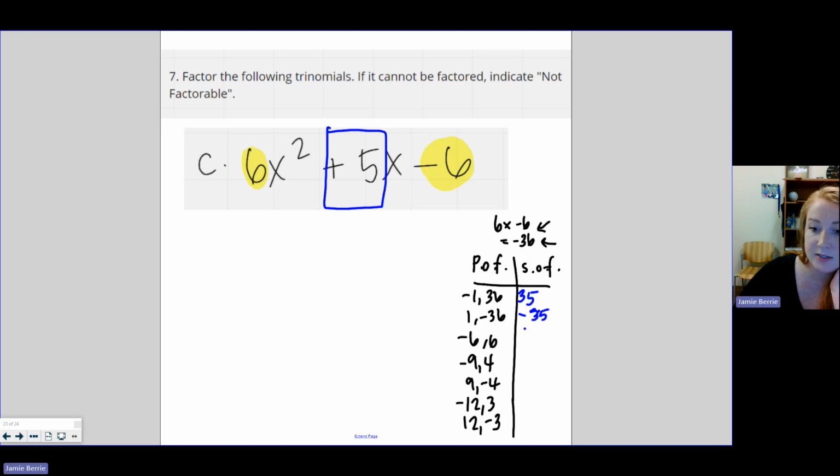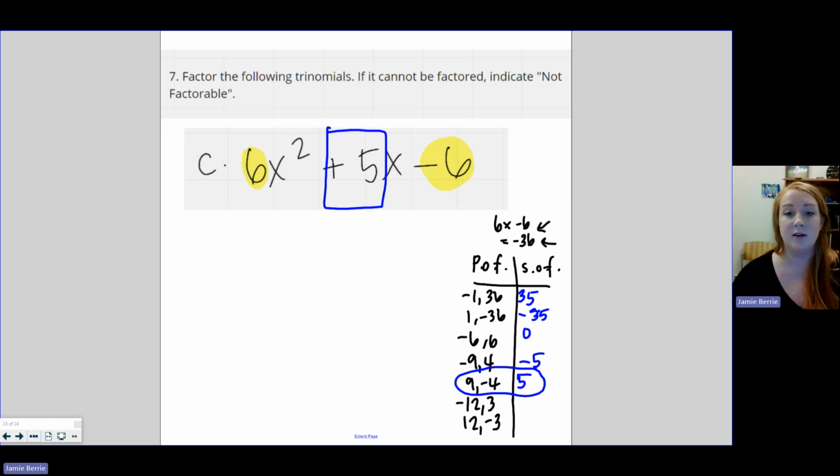Negative 6 plus 6 is 0. Negative 9 plus 4 is negative 5. Close. 9 minus 4 is positive 5. There we go. Once you find what you're looking for, you don't have to fill that table in. This table is for nobody but yourself. So once you find the correct factor pair, stop right there.